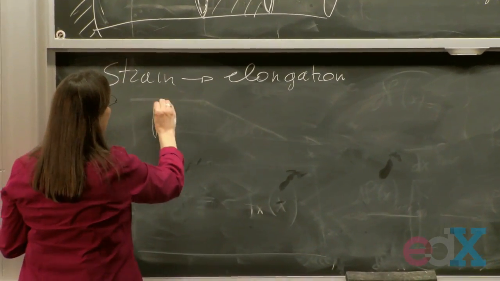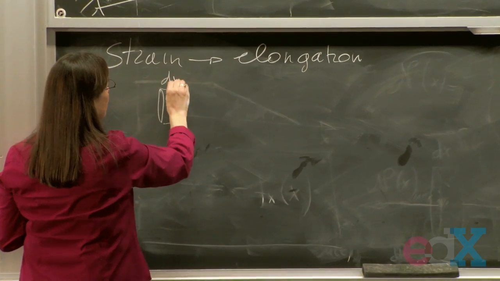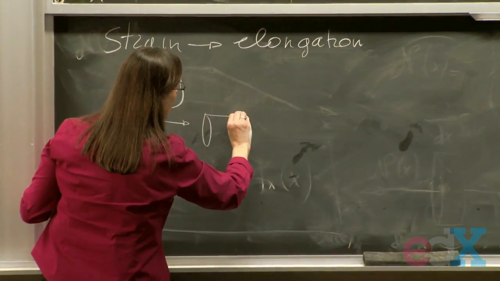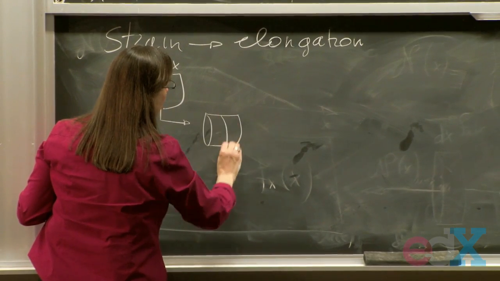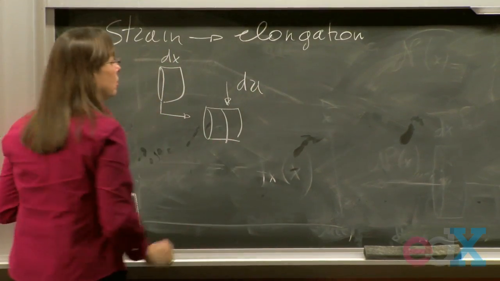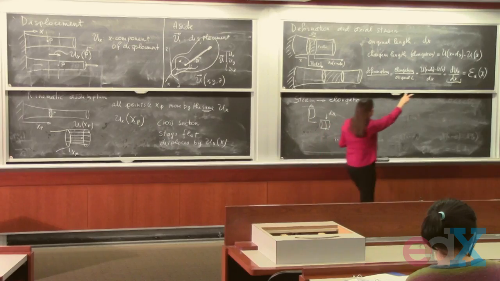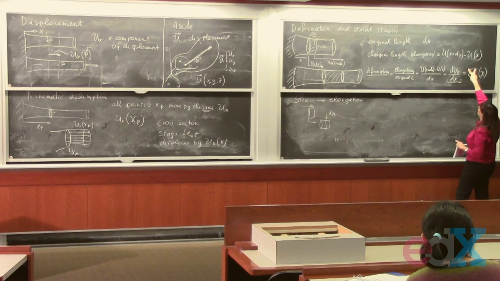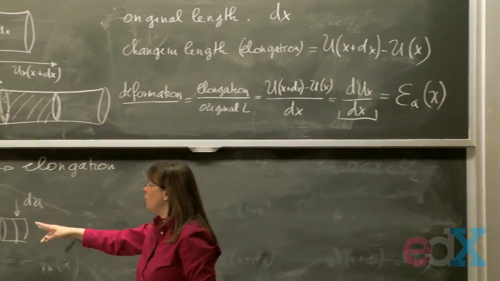If I had a little chunk of length dx, and then this displaced, now it is longer, the change in length between the original length dx and the final length is du.